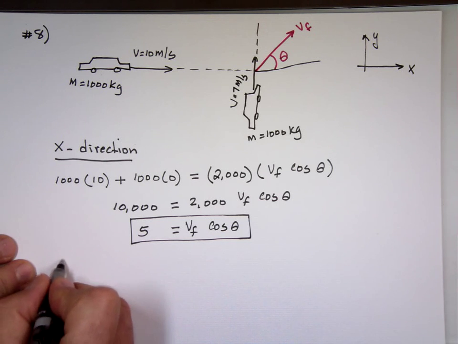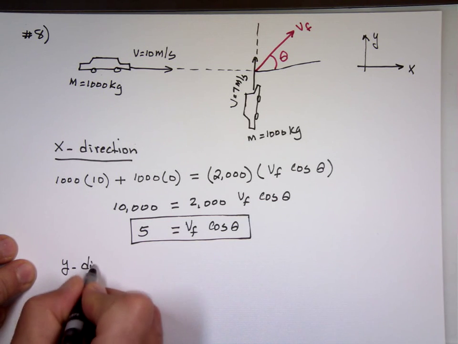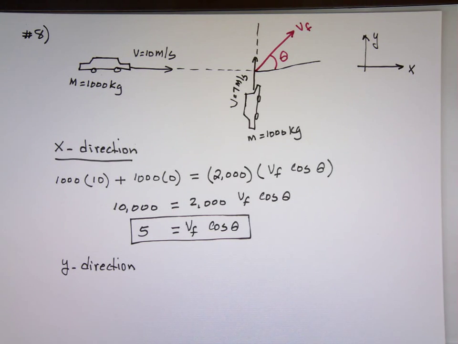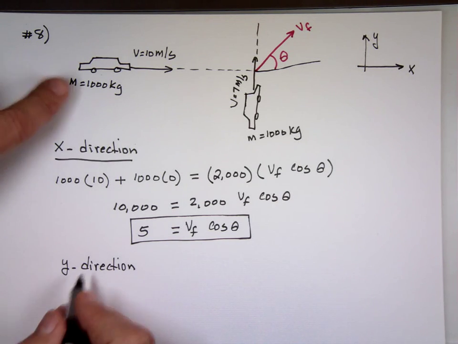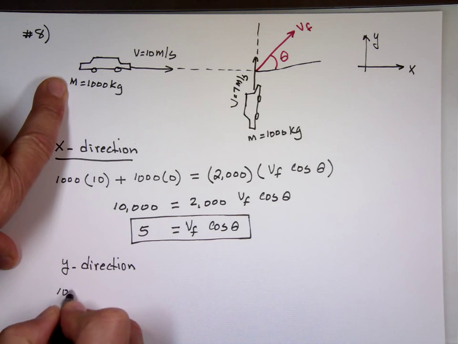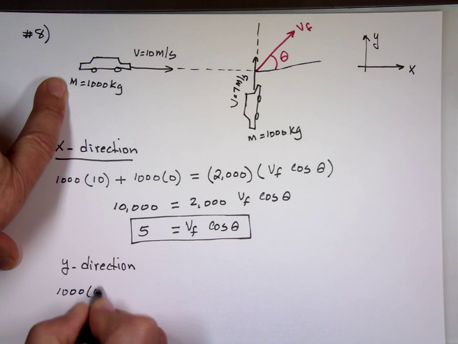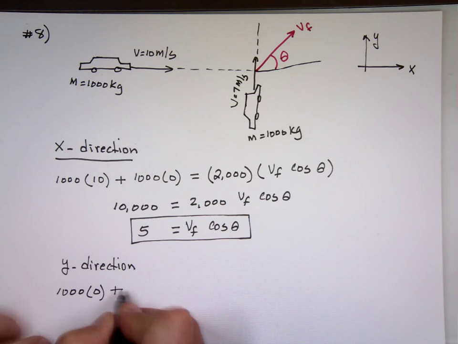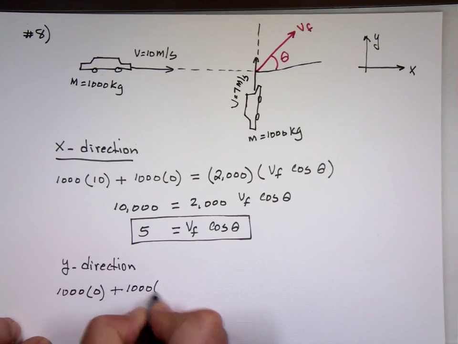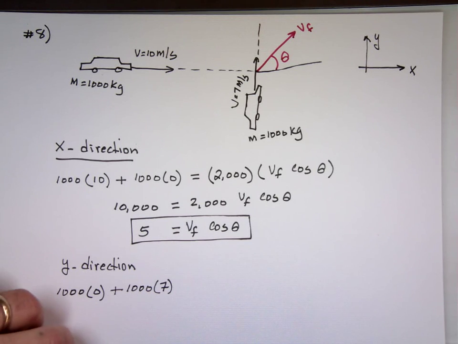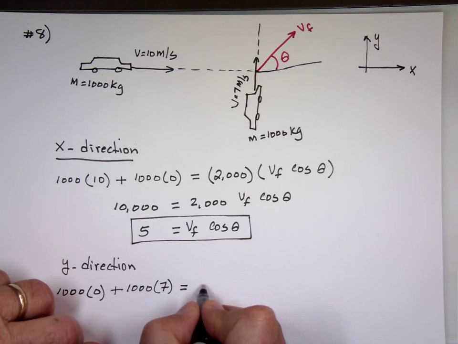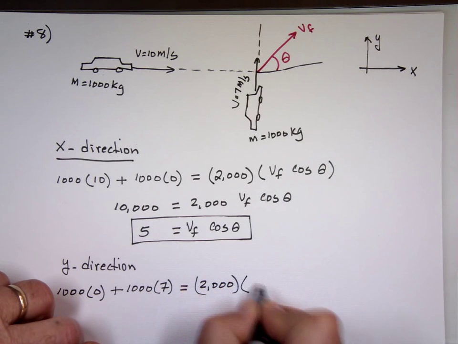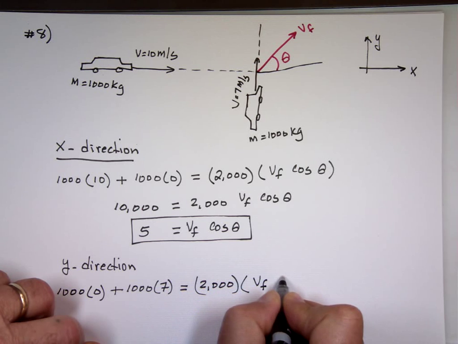In the y direction, this car has a linear momentum of 0 because it wasn't moving in the y direction. This car is 1,000 times the velocity, which is 7, equals the sum of the 2 cars, 2,000, times the velocity in the y direction, which is Vf sine theta.